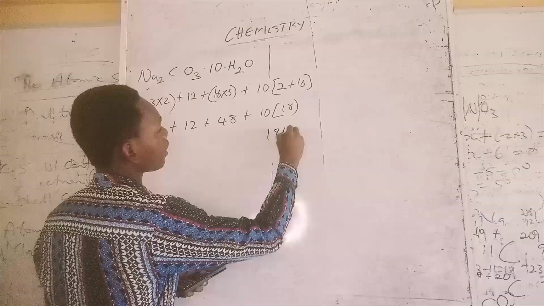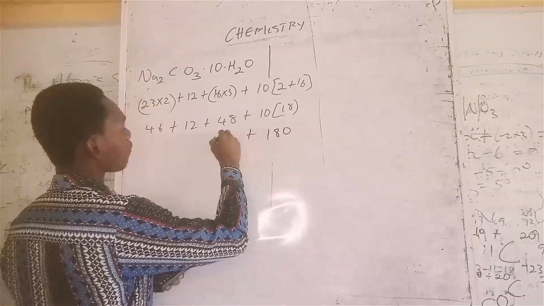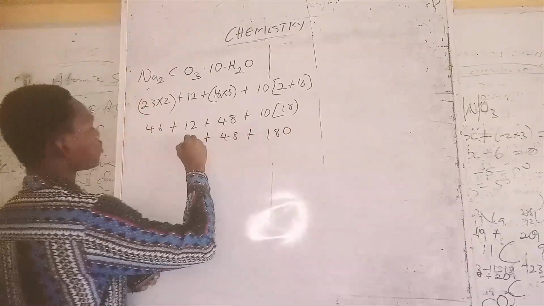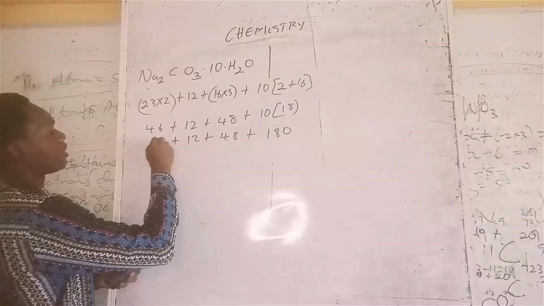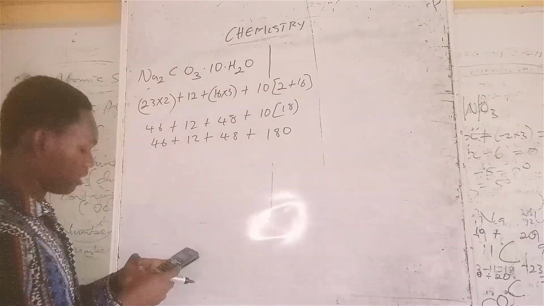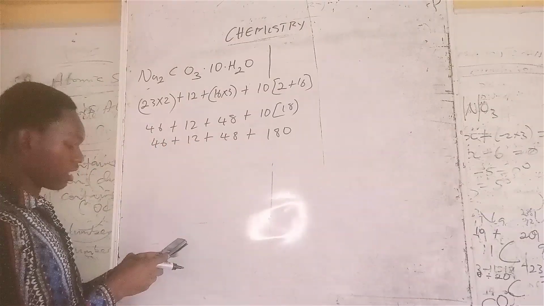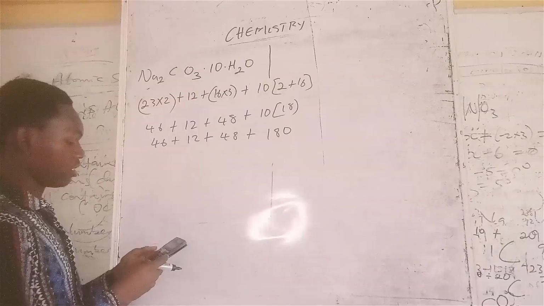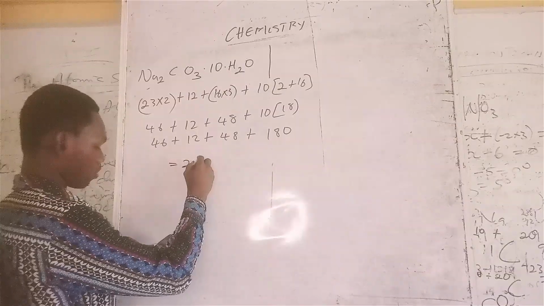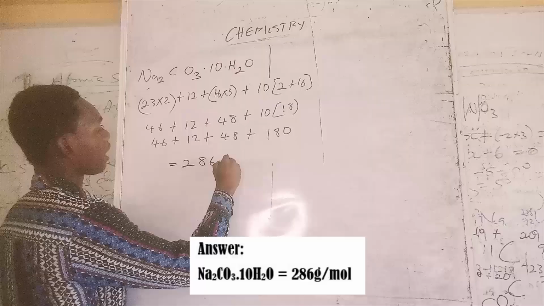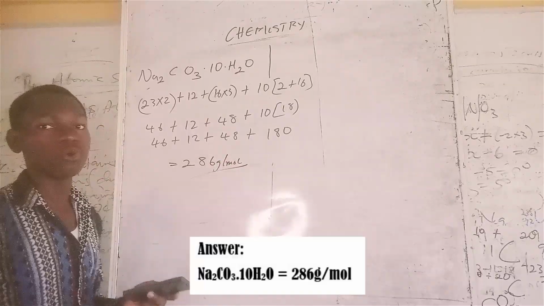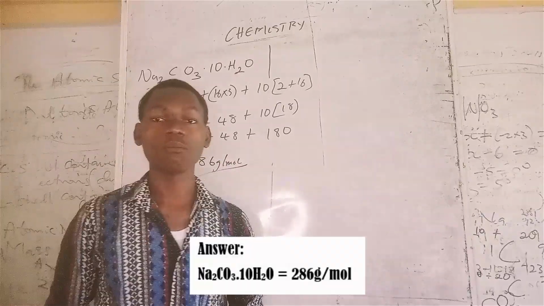So here is 180 plus 48 plus 12 plus 46. If you simply do that, our final answer will be 286 grams per mole. Grams per mole is the unit for molar mass.